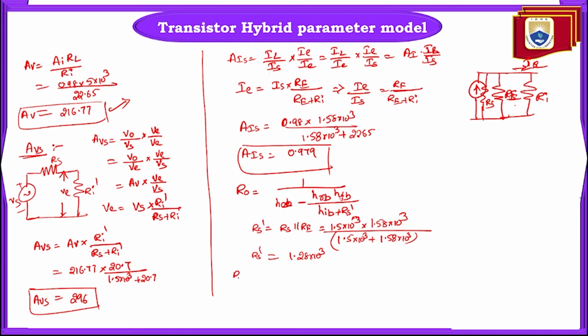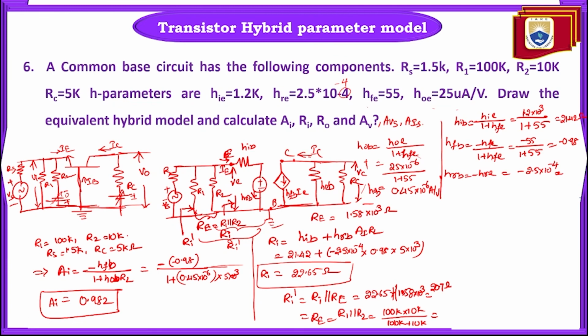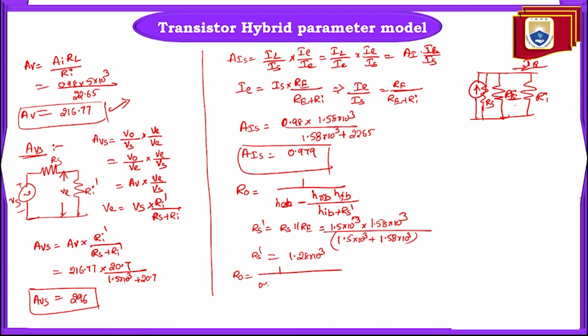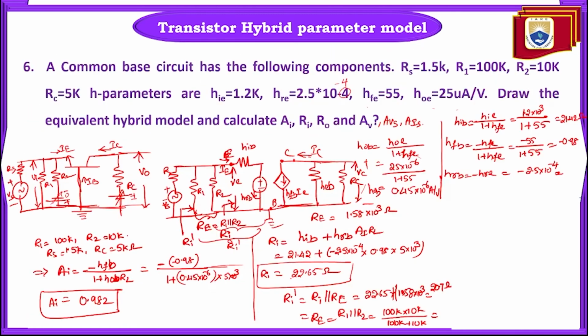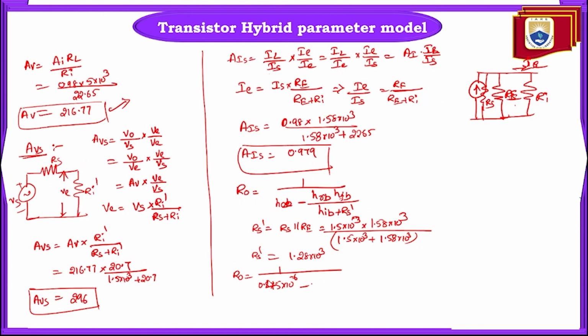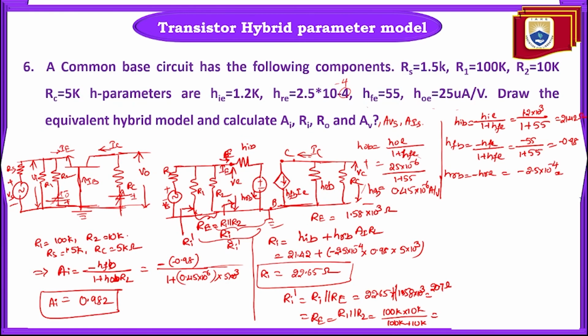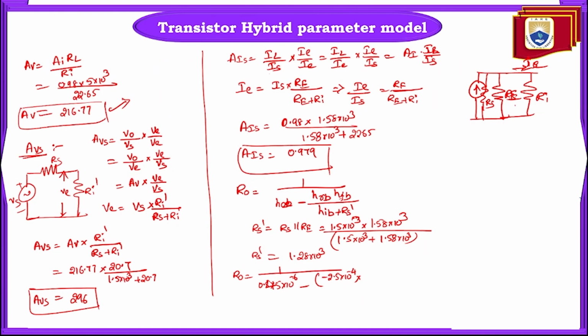So now substitute all the values in this one. What is HOB? 0.45 into 10 to the power of minus 6, and then minus HRB. HRB is minus 2.5 into 10 to the power of minus 4, into HFB, which is minus 0.98, divided by HIB.